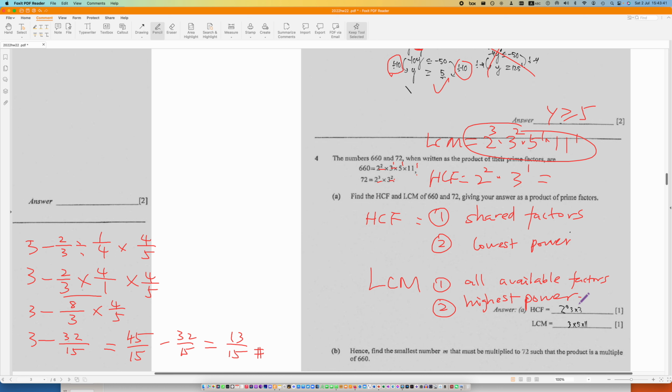I don't care about the answer now. I care about whether you remember the two rules to find HCF and the two rules for LCM. You can't. So even if you get it right, I'm also not happy, because you can't remember the rules.